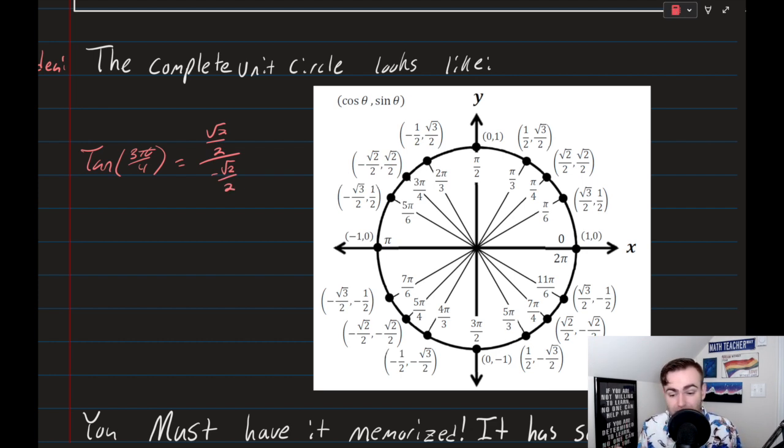That looks like a nightmare, right? What you can do is, if you notice, all of the angles that aren't quadrant angles have a division by 2 as part of their coordinates. Erase them. Make your life easy. Instead, have root 2 over negative root 2. Oh, that's easy. That's negative 1. So, just a trick for tangent, but again, we'll dive into that later.